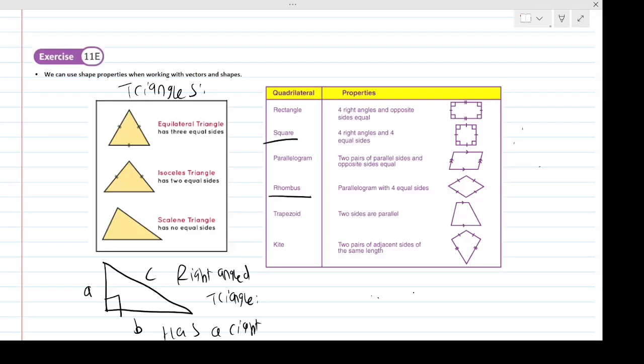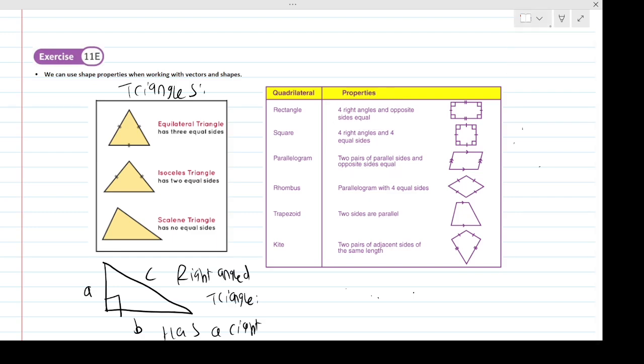You just need to show that all the sides are equal. The parallelogram is like a rectangle, but for a parallelogram you just need to show that the opposite sides are equal. You don't need to show it's right-angled. With a rectangle, you do also need to show the angles are right angles. But that's a rhombus.